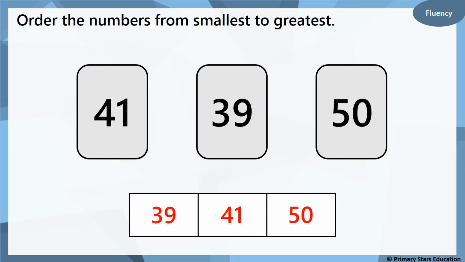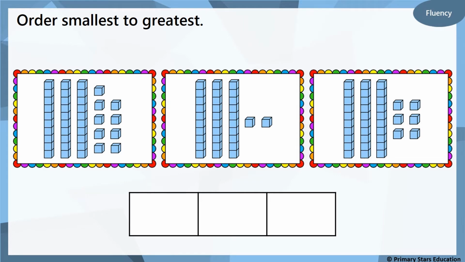Let's try another one. Can you have a go at ordering these? So work out what the numbers are first, and then write the numbers in order for me. Pause me if you need a little bit of time. Okay, let's have a go together. First of all, let's find out what these different numbers are.